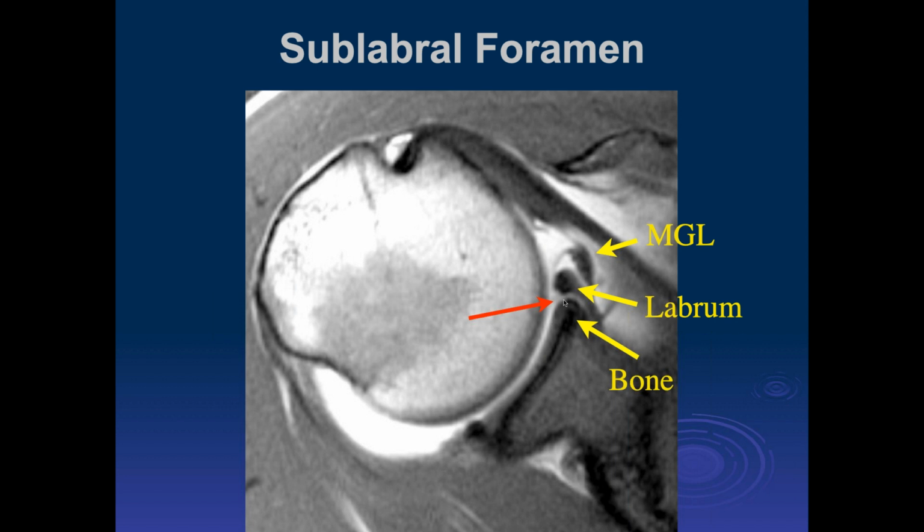Typically, you can see these on 1 or 2 cuts. Again, you have these nice smooth surfaces, and it does not extend into the superior labrum, nor does it extend down to the midline in the anterior labrum. So this is a typical sublabral foramen, which is quite common and shouldn't be misinterpreted as a tear.